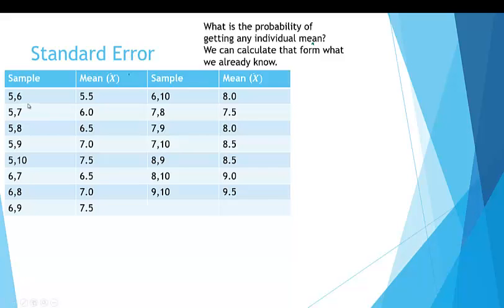If I were to draw two samples, let's say a 5 and a 6 and a 5 and a 9, my sample mean, if I added the 5.5 and the 7 together, you get 12.5 and then a mean of 6 1/4. It's a little bit closer to our sample, but it's not exactly our sample mean.